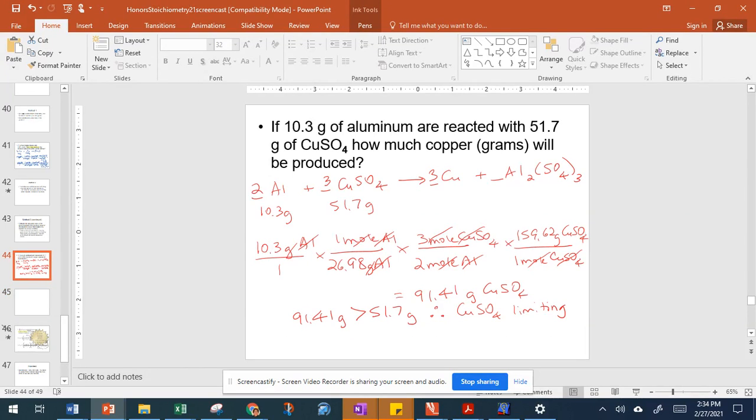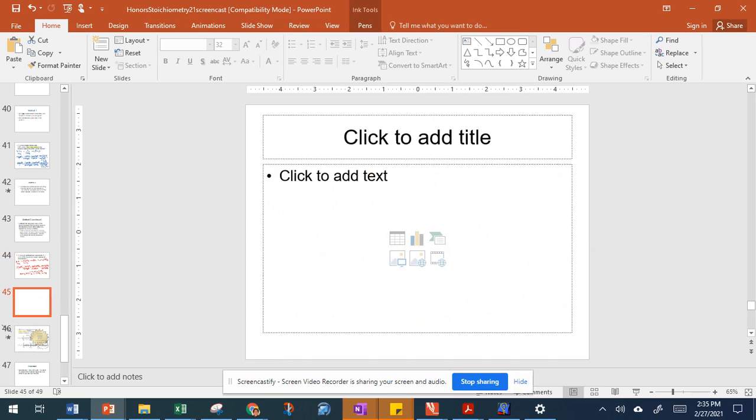Now that we know that copper 2 sulfate is limiting, we're going to take the amount of copper 2 sulfate we're given in the problem and take that to the product, in this case to copper. So let's do that on the next slide.